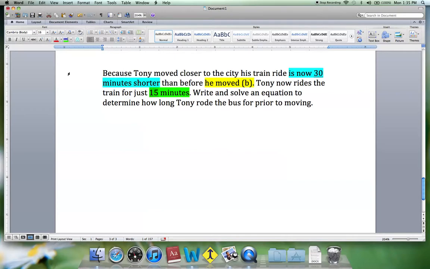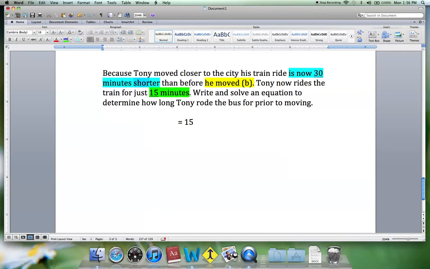So again, when setting up our equation, we want to think, well, what is this total? What is this total amount equal to now? And it's 15. So on the right-hand side of our equal sign, we need how long he rides the bus for now, 15 minutes. So now we need to worry about the expression that goes on the left-hand side of this equal sign. And we're done with the 30 minutes shorter than before.